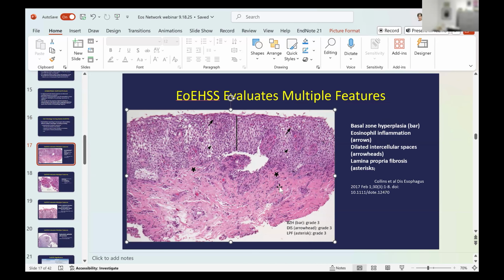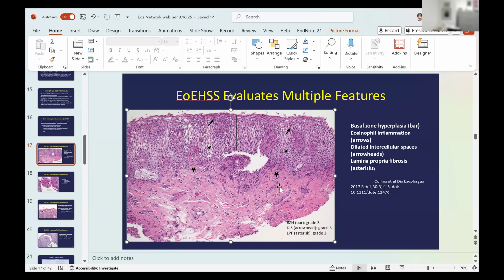So the bar there in the middle of the photograph is indicating really thickened esophageal epithelium. Basal zone hyperplasia is what that is called. And the epithelium normally was probably half the thickness of what you're seeing there. The arrows are pointing to eosinophils. There are a lot of them, more than we can see at this power, actually.